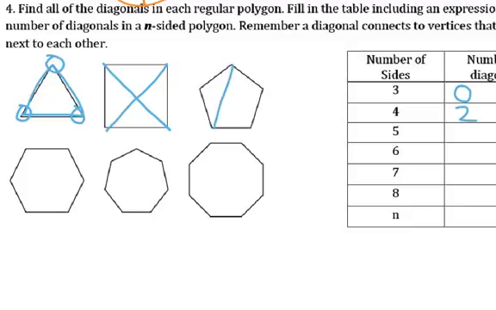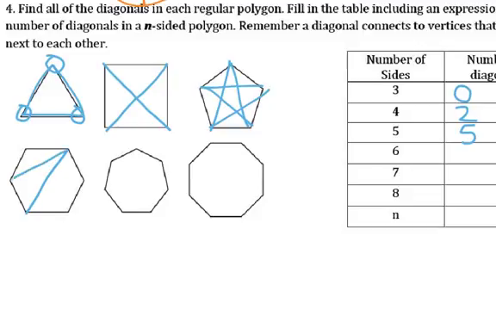Pentagon, 1 to there, 2, then we can do these ones, 1, 2, 1. So 1, 2, 3, 4. Wait, we can't count them twice, can we? So let's try that again. So 1, 2, 3, 4, 5. So 5.